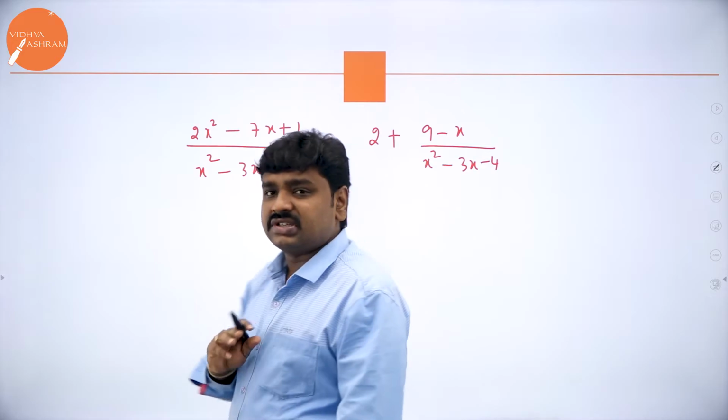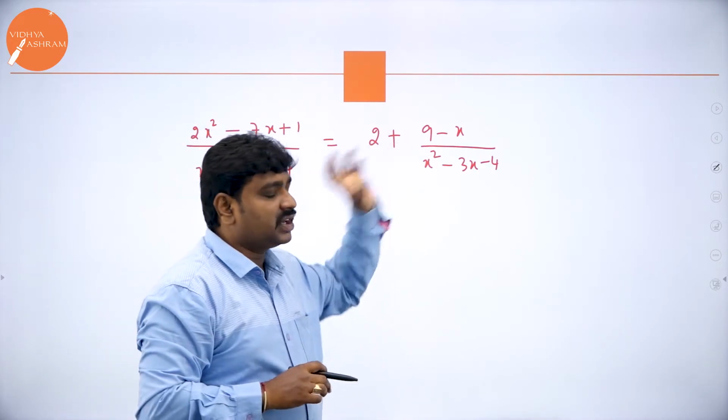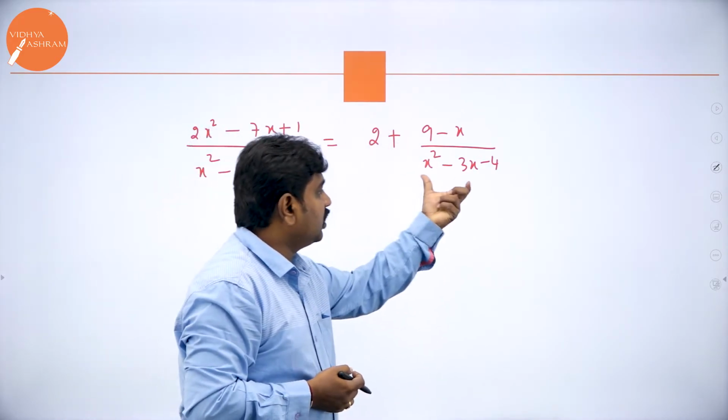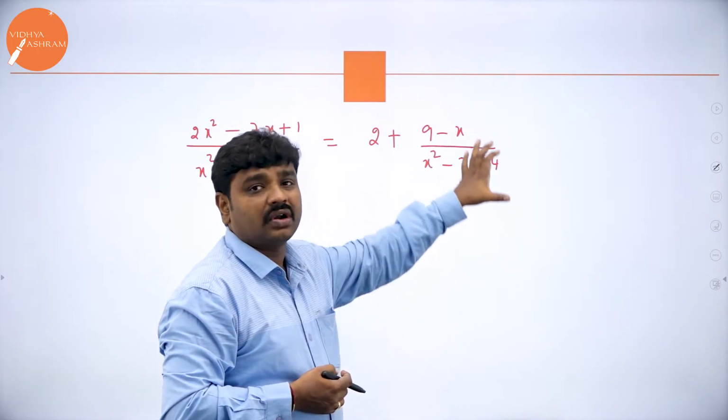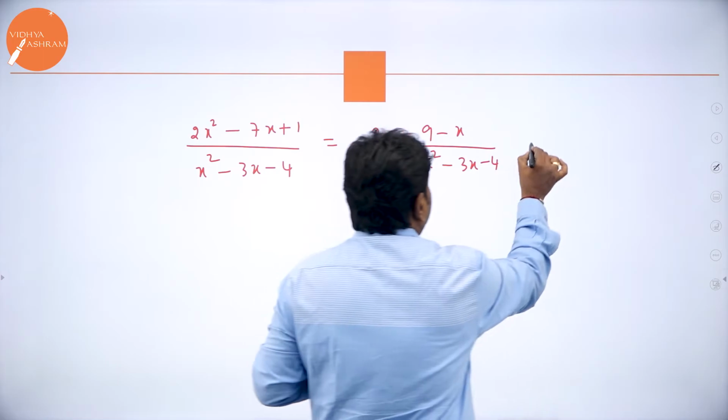So we have reached a stage. This problem can be written like this. Further, if you see, the denominator is a quadratic equation, so only this part I have to resolve. I call this equation 1.